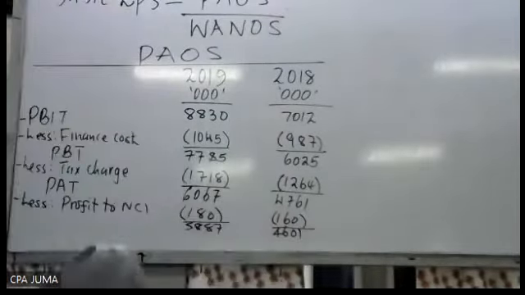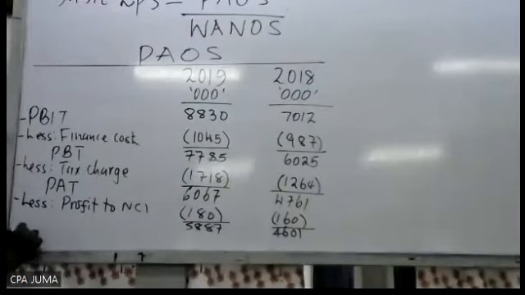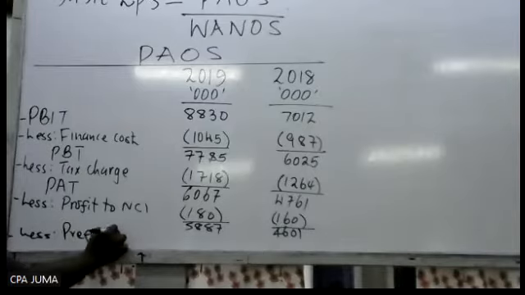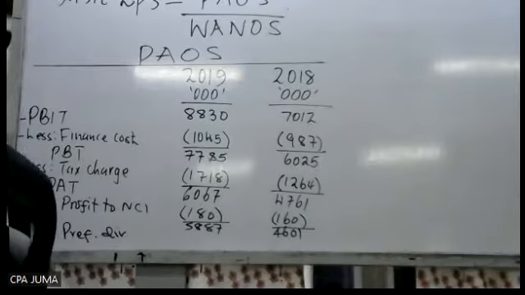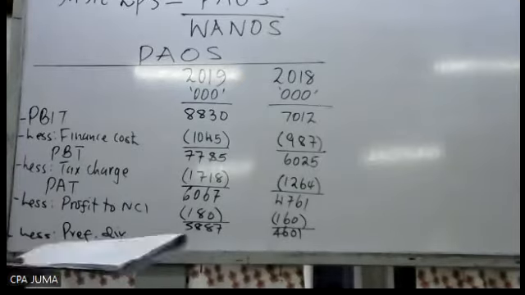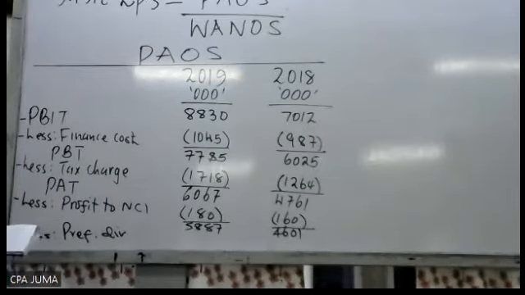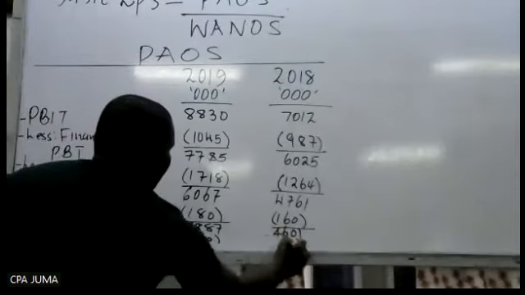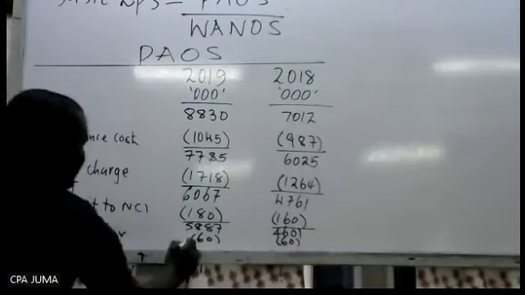Who comes first? Preference. So you less preference dividends. Preference dividends come first: 60, 60.